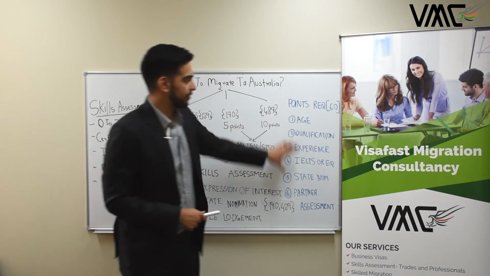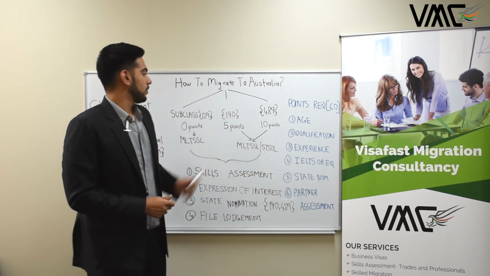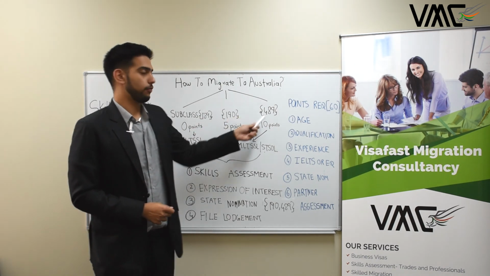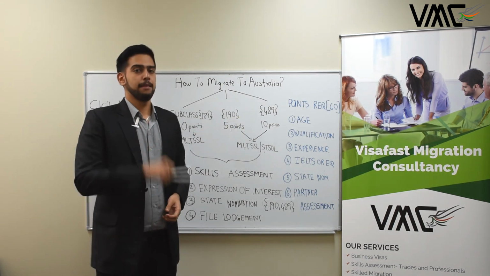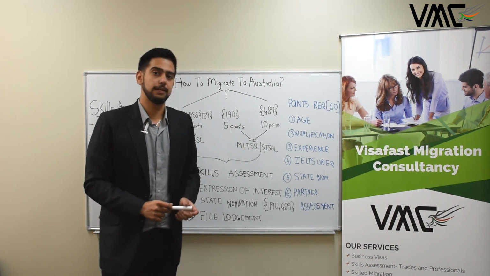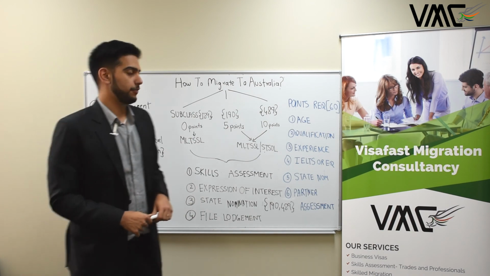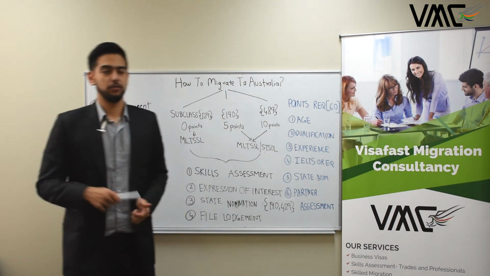In total, if you have 60 points, you can apply for subclass 189, 190 or 489, depending on whether your occupation is in the MLTSSL or the STSOL. This is a brief breakdown if you're planning to apply for PR in Australia from offshore.